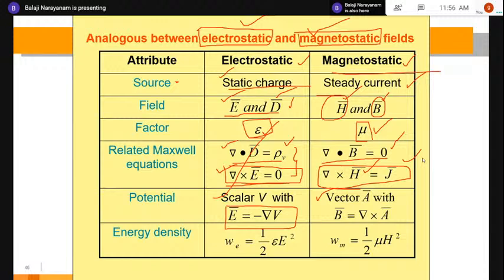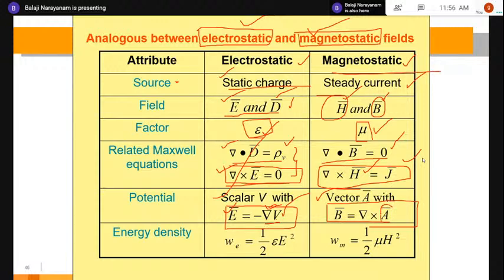That is why we represent it as a vector. Minus del V is a vector, and E is also a vector. Whereas in magnetostatics, the vector potential is represented by A bar.